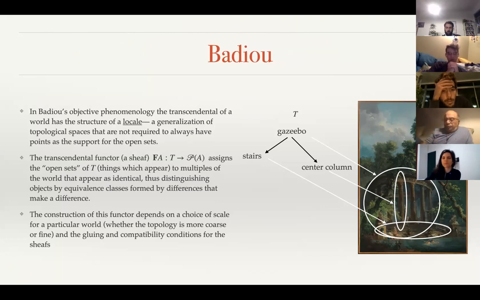For example, unicorns. There are no actual unicorns, but they do exist in a sense: in literature or in the popular consciousness. We could say there's a locale with the structure of unicorns, which intersects pop culture and many different things, but it has no singular point at the bottom, the unicorn you're actually talking about, because they don't exist in the world. That's how I like to think about it.